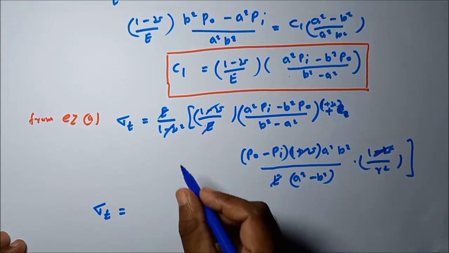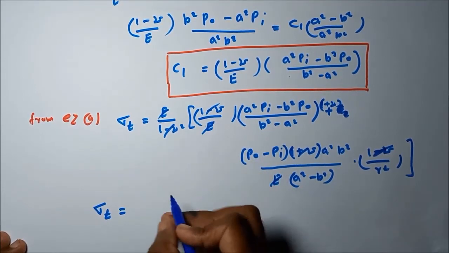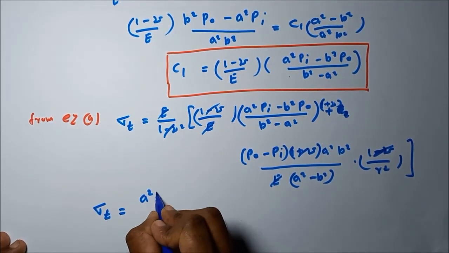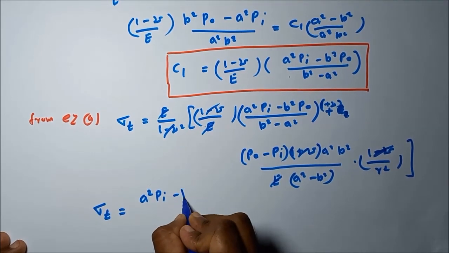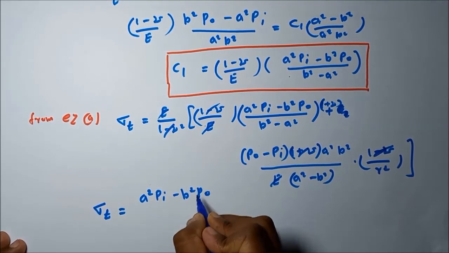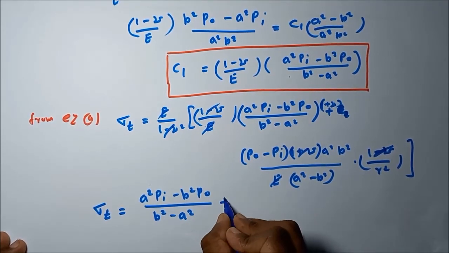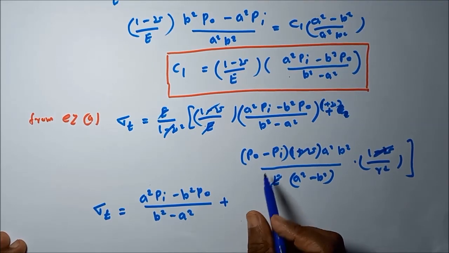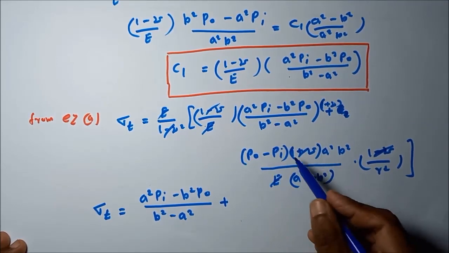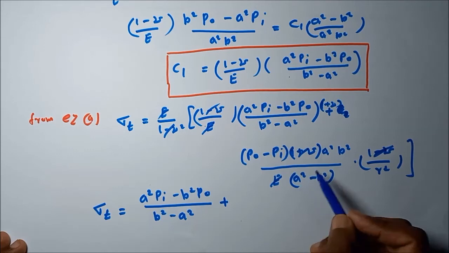So we are left with (a square pi minus b square po) divided by (b square minus a square) plus... I'm going to multiply both numerator and denominator by the minus sign.